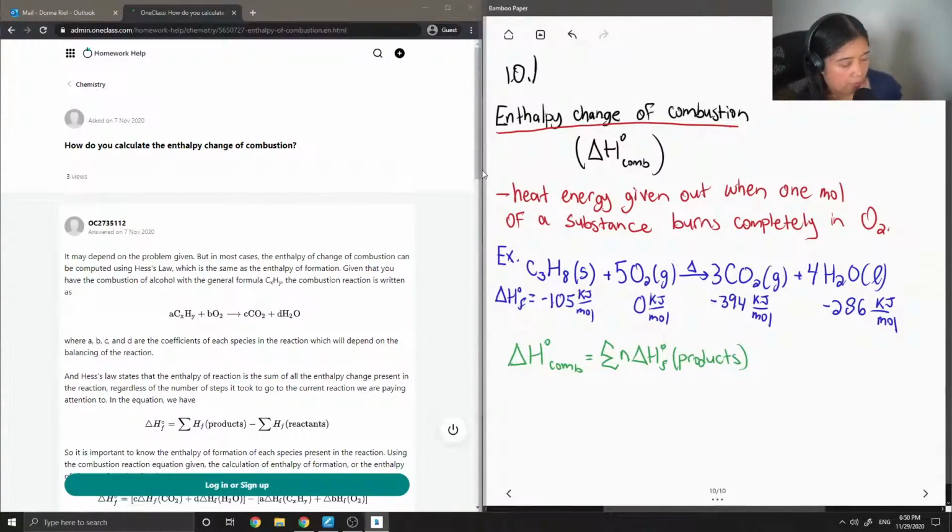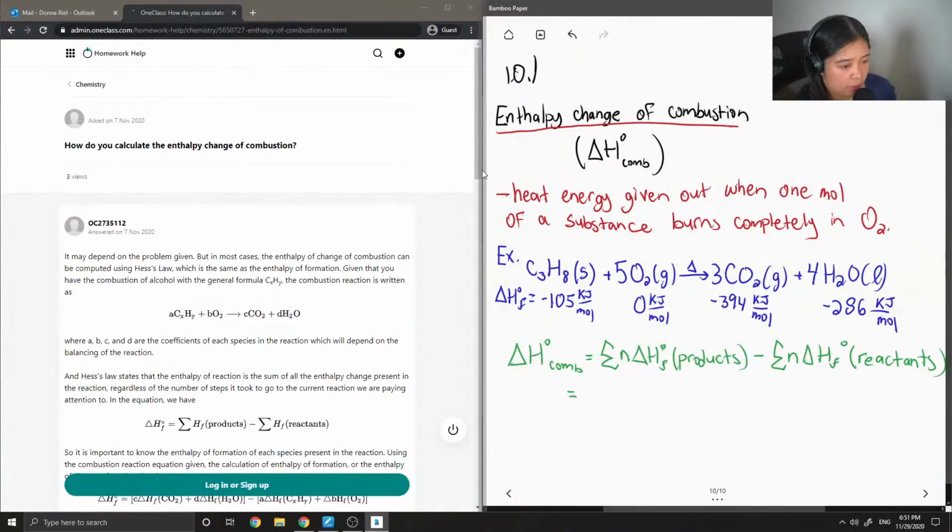So this depends on how many moles there are of each substance. So the sum of the enthalpy change of formation of the products minus the sum of the enthalpy change of formation of all of the reactants. Okay, so I'm going to write down all the values so that we can see what this would look like if we were to plug in all of our values.